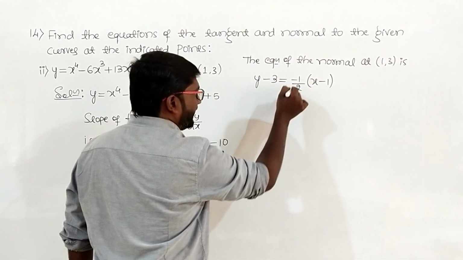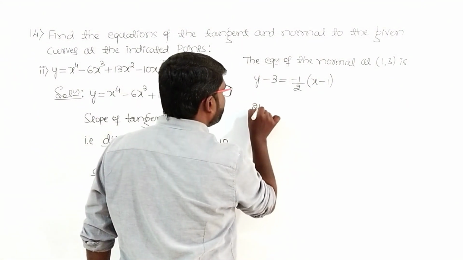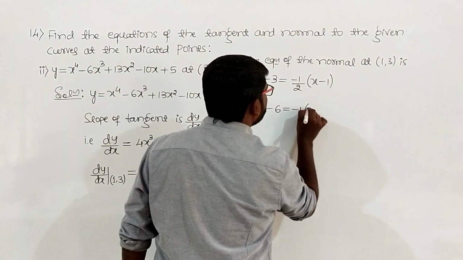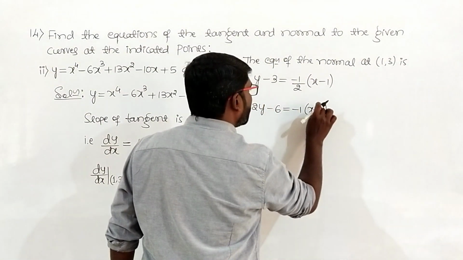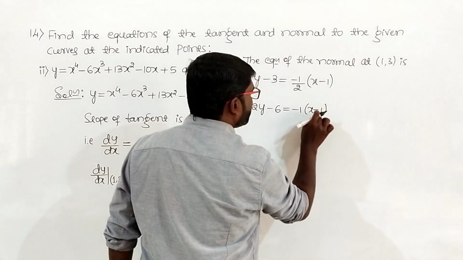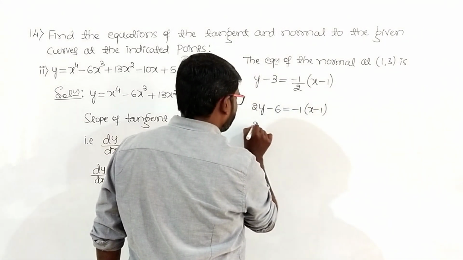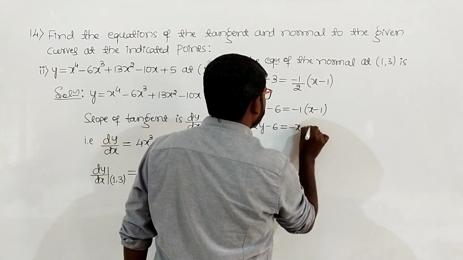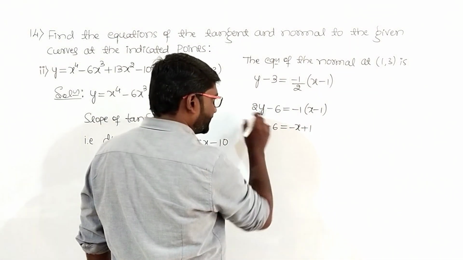Now take 2 to the left hand side, you get 2y minus 6 equals minus 1 into x minus 1. Now multiply minus 1 with these two terms. So 2y minus 6 equals minus x plus 1. Now take these two terms to the left hand side.